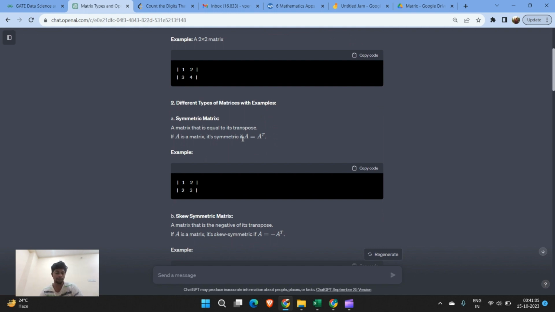In a practical scenario, everyone has a mobile phone and takes pictures and does some basic operations like rotating the image or other image operations. At that time, in the background, matrices are working. You have an image, and it is converted in the form of pixels, like 0 to 255.